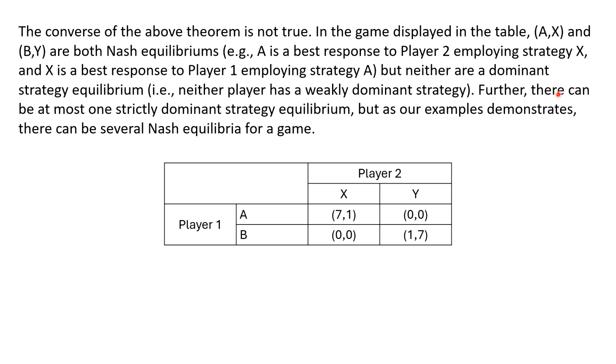So further, there can be at most one strictly dominant strategy equilibrium. There could be more than one weakly dominant strategy equilibrium. We saw an example of that. But as our examples demonstrate, there can be several Nash equilibria for a game.